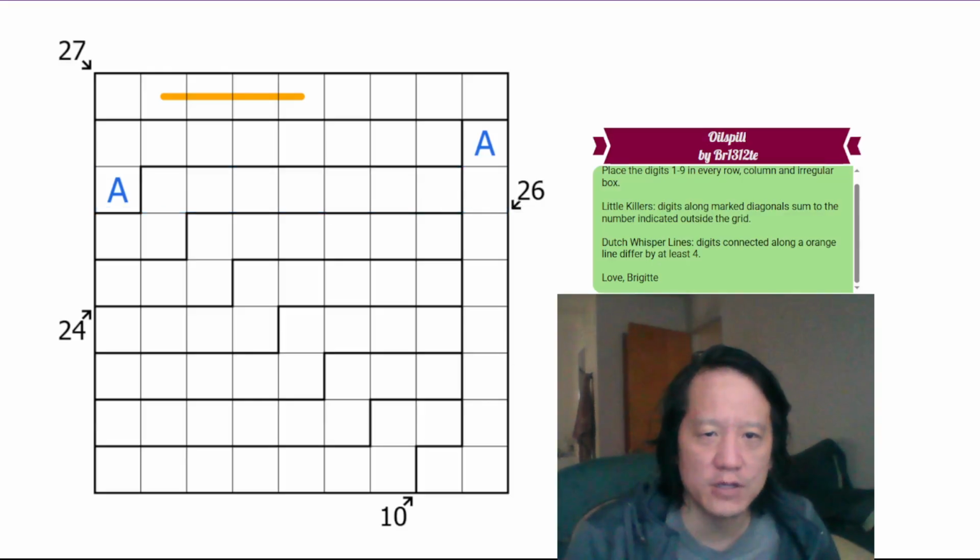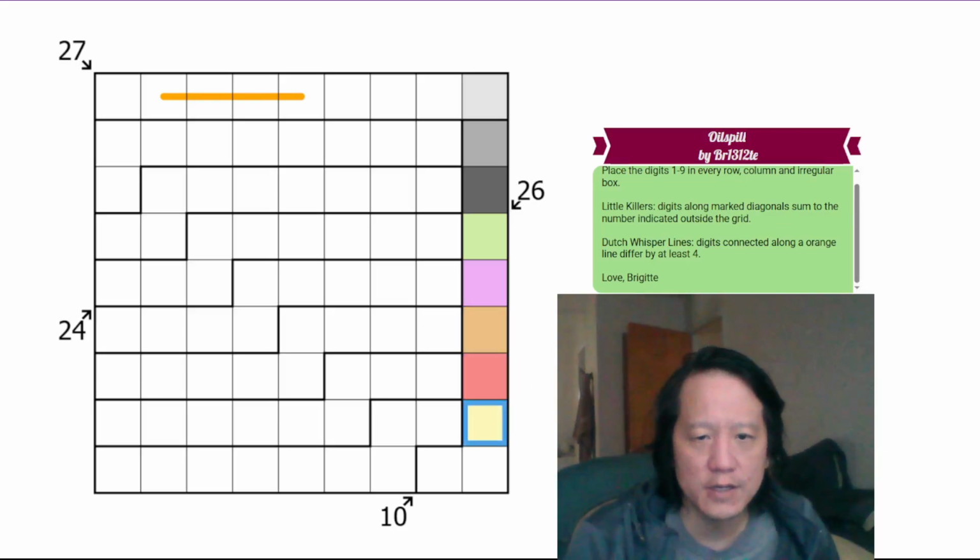Actually, I guess we could color these. Let's make this green, I guess. So what about the digits here? Actually, let's make this light, medium, dark, green, pink, orange, red, yellow, and blue.